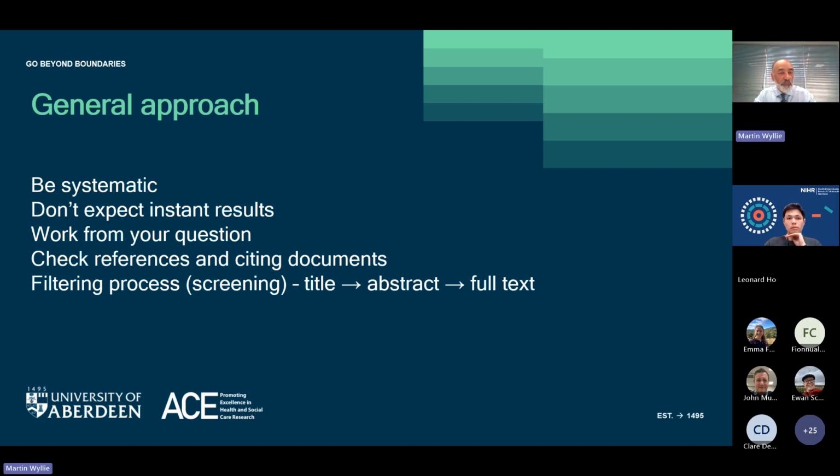Also, following on from Google, for an academic exercise here, don't expect instant results. You probably won't get the perfect search first time round, so don't worry about it. And also, free resources don't tend to have very good search facilities, so you need a bit of trial and error about how best to search.